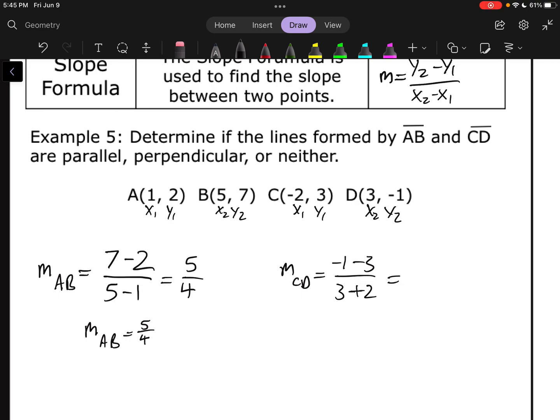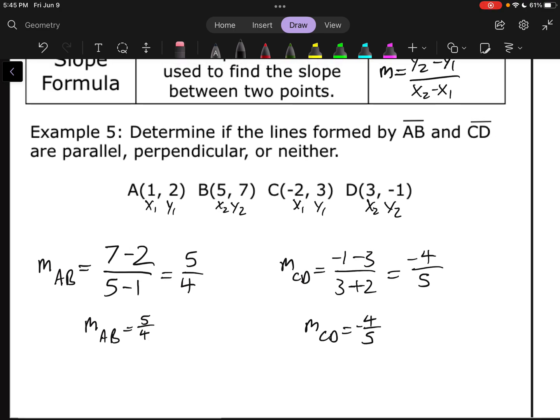So negative 1 minus 3 would be negative 4. 3 plus 2 would be 5. So m of CD would be negative 4 over 5. So if I have a slope of 5 over 4 and a slope of negative 4 over 5, hopefully you recognize those are perpendicular slopes. So these lines are perpendicular.